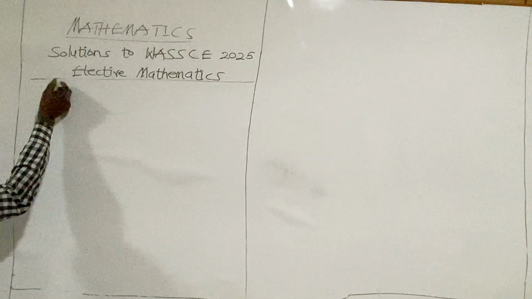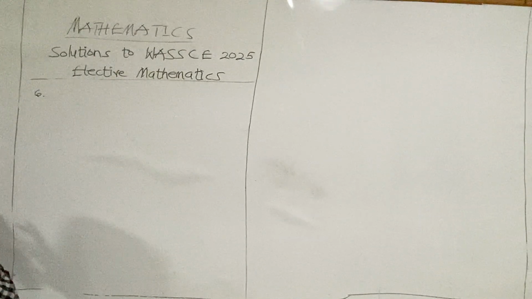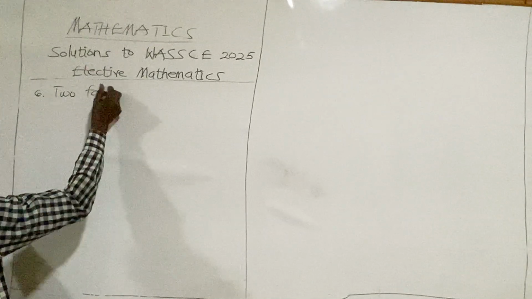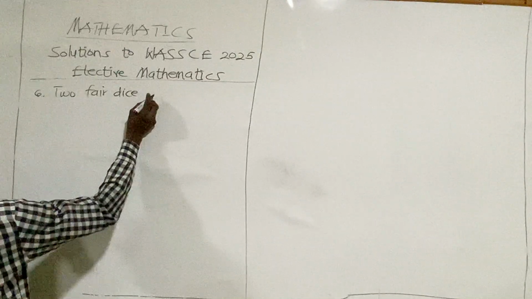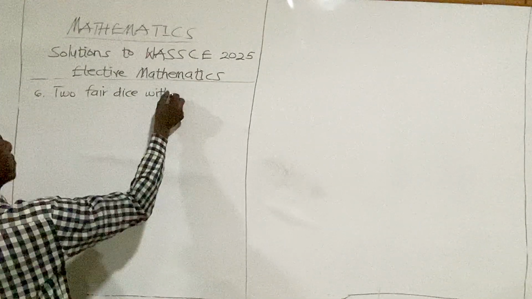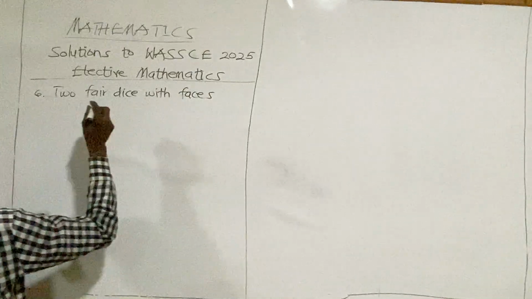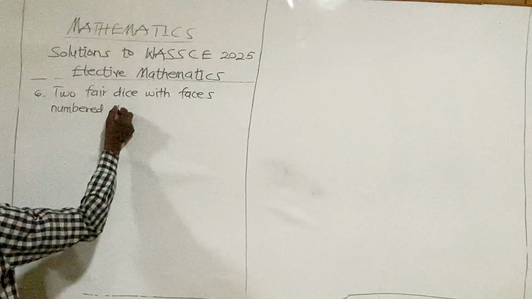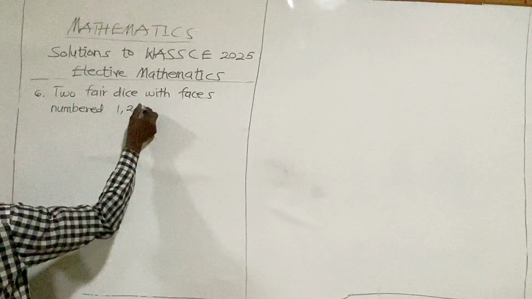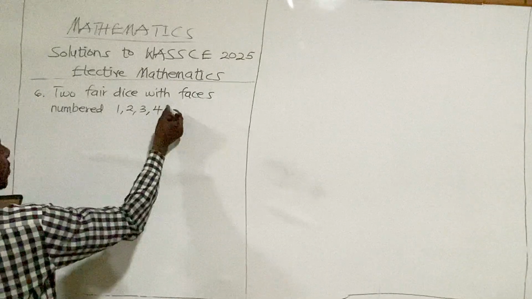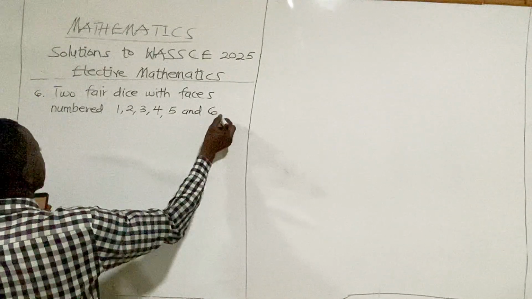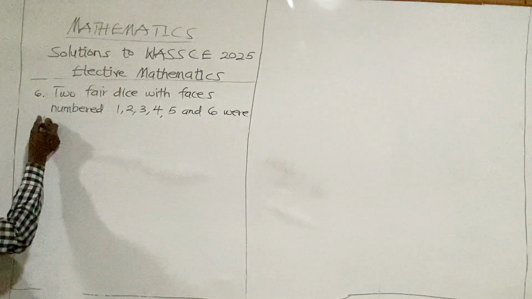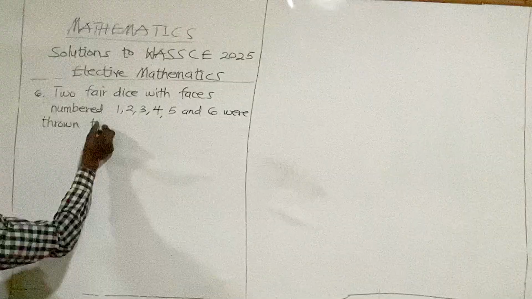Question 6. Two fair dice with faces numbered 1, 2, 3, 4, 5, and 6 were thrown together.